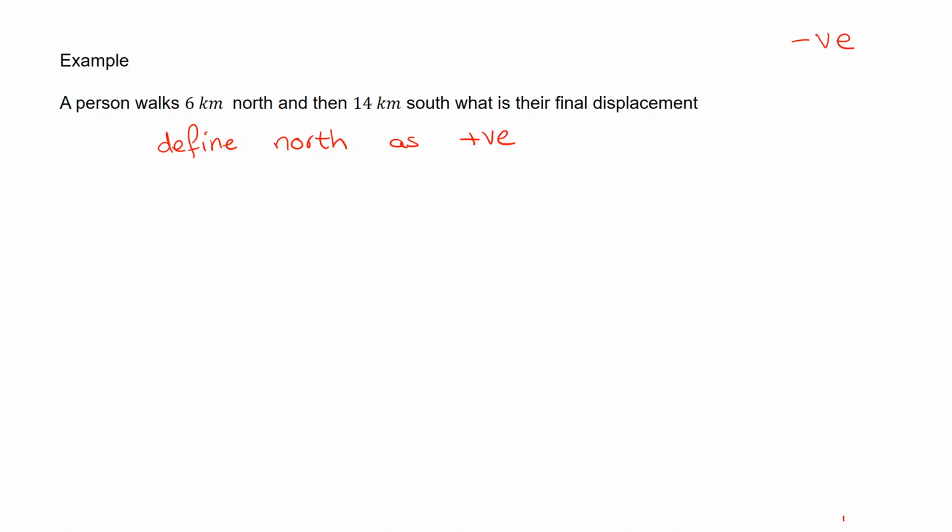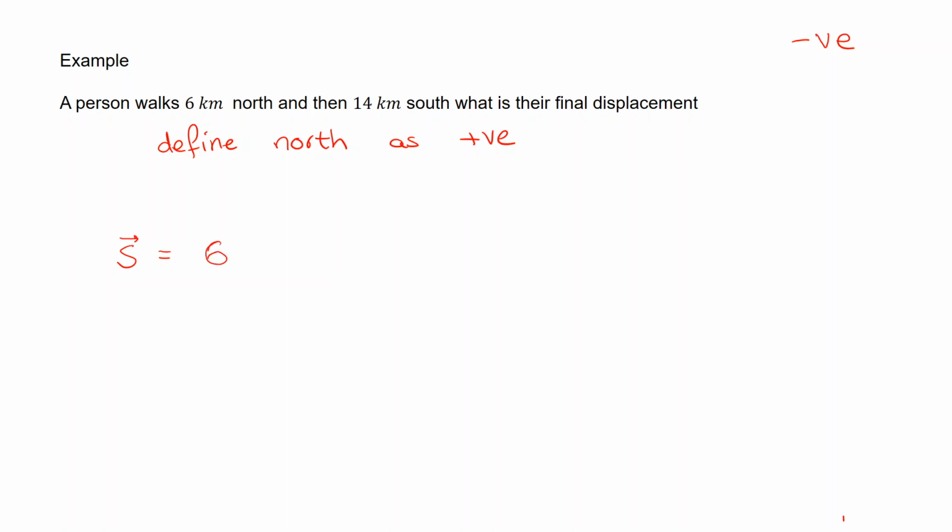Okay, so now we're just adding them together. So what is their final displacement? So for displacement, we use S. If we're doing everything properly, we put a little arrow above it. So the displacement is the northerly component plus the southerly component.